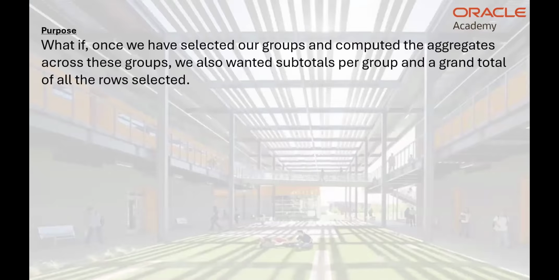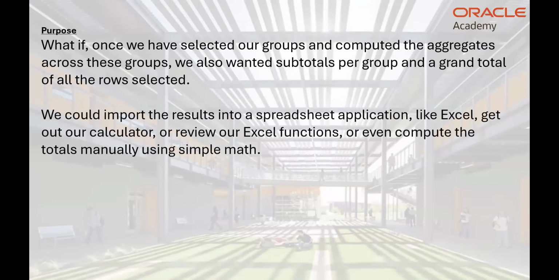So what if once we have selected our groups and computed the aggregates across these groups, we also want subtotals per group and grand total of all the rows selected, like a spreadsheet. We could import the results into a spreadsheet application like Excel, get out our calculator, although you don't really need to get out your calculator anymore.